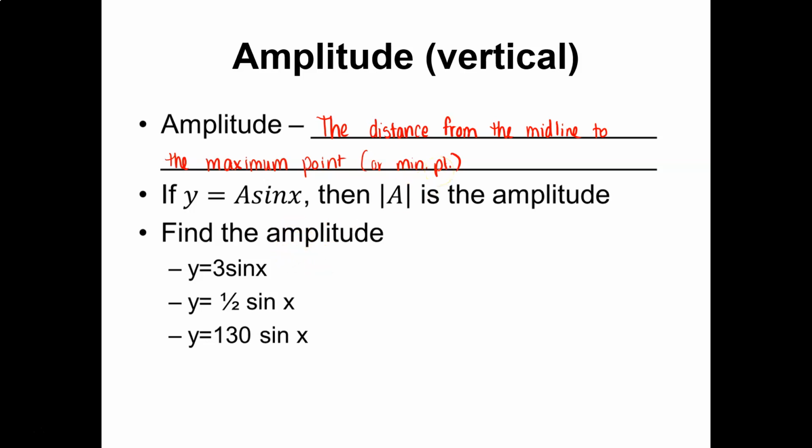Amplitude is really simple to find with trig functions. Amplitude is your vertical expansion or compression. Also, notice here, I say y equals a sine x, then absolute value of a is the amplitude. Absolute value bars are there because amplitude is always positive. So even if I had a negative 3 sine x here, the amplitude for that would still be 3.